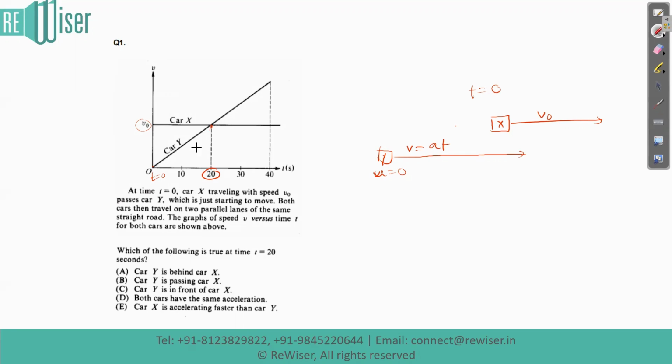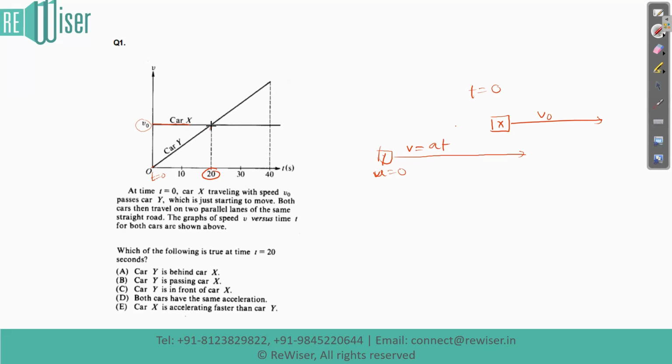This graph is showing that car X is ahead and it is moving with a constant velocity with time. When t equal to 0, car X is ahead and moving with a constant velocity V0. Now at t equal to 0, car Y just started moving from 0, it started accelerating.